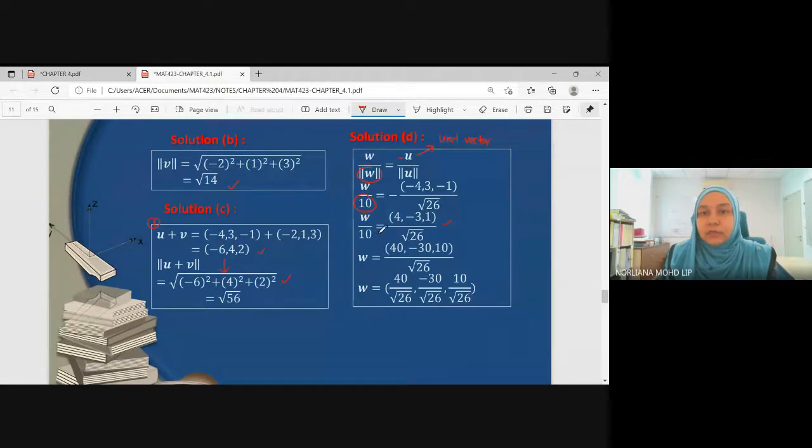Then we bring this 10 to the right hand side so that we can find the vector W. So W is equal to (40, negative 30, 10) over the square root 26.